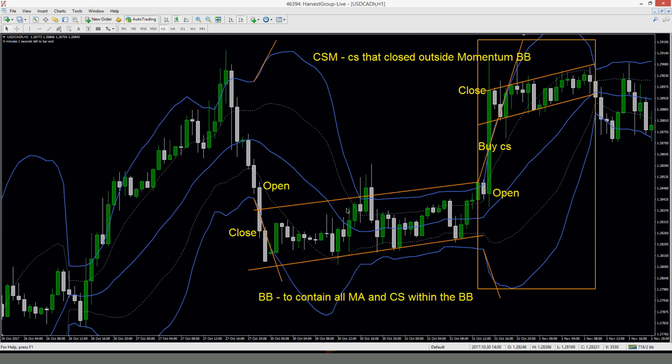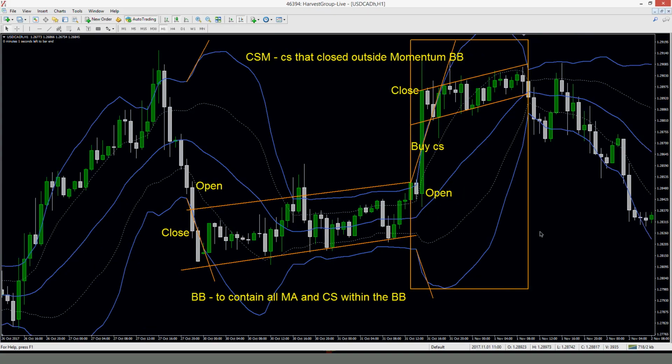We are just talking about candlesticks right now. So later on, when we move on to moving averages, then you will see why this is an important matter. So you have to make sure you remember this definition. Okay. All right. I already explained that this is a momentum Bollinger Band, and during the momentum Bollinger Band, as soon as the candles are too far away from the Bollinger Band, then candles will move sideways.